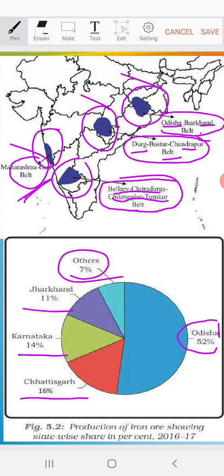So the topmost leading producer of iron ore is Odisha, second is Chhattisgarh, third is Karnataka, and fourth is Jharkhand. These are the four important states where we get the maximum quantity of iron ore for our country.